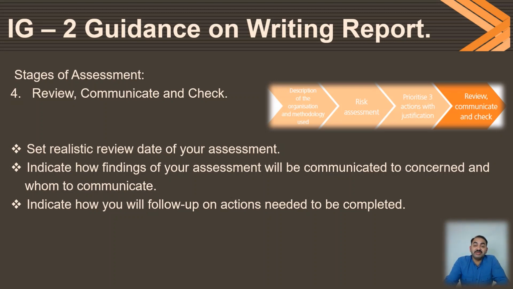For example, you can say I will make a corrective action register with the due dates and the people who are going to take actions, and then I keep on following every week or every day or every month depending on the action timings, and I will make sure that they are given the resources to take actions and the actions are in place within time frame, and I will make sure that within 1 week of completion of all of those controls, things are in place and people have taken all of those controls which they were supposed to take.